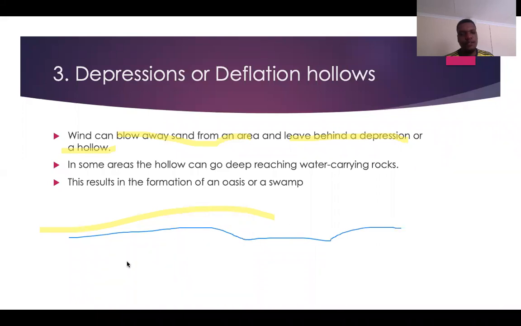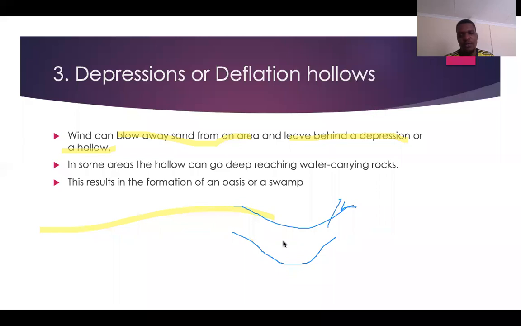We have sand. The wind comes and begins to blow, let's say this is our wind. As it comes, it blows this region away. As the sand particles go, we begin to have a hollow developing here. Eventually, in the end, we are going to have something like this forming.